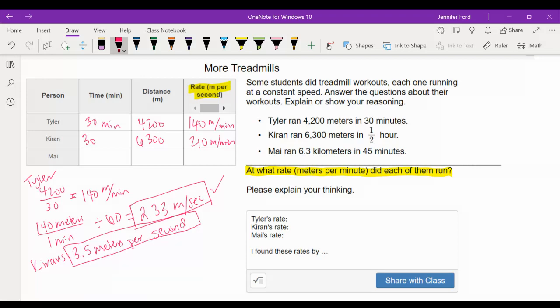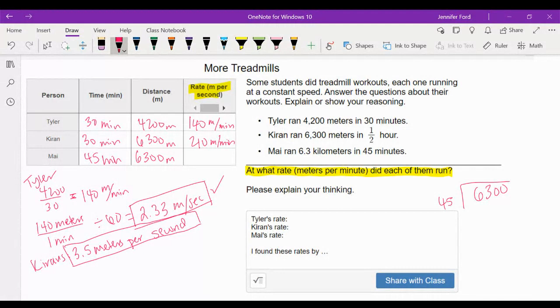And then I believe Mai actually goes at the same speed as Tyler. So Mai goes 45 minutes and 6.3 kilometers, which is 6,300 meters. And then 6,300 meters divided by 45.